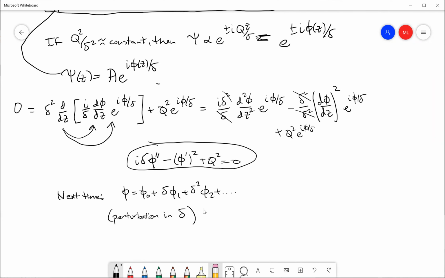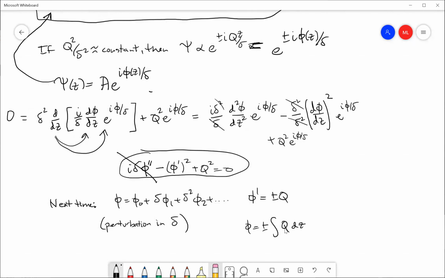Just to show you, if there's no delta at all, then phi prime is equal to plus or minus q, and that's very easy. Then phi is just the integral of q dz. And that makes sense, right? Because if q is a constant, then this will just be q times z.